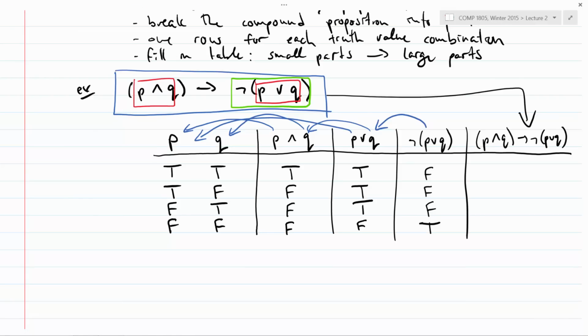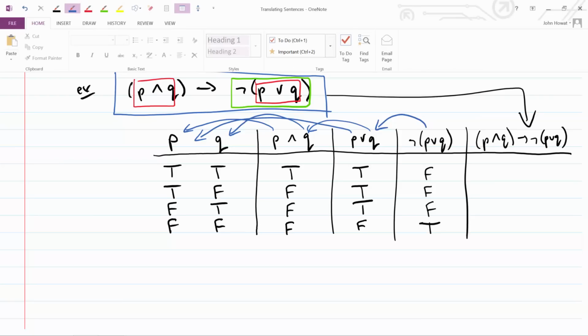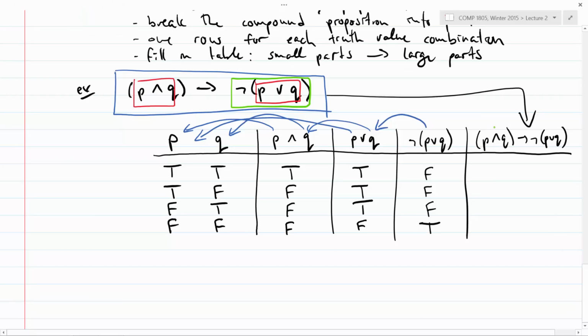And now to finish the very last column, I'll do this in a different color so it's not that confusing. P and Q is just this column here, and not P or Q is just that column there. So I want this column implies that column. That's the operation I'm doing in the very last column.